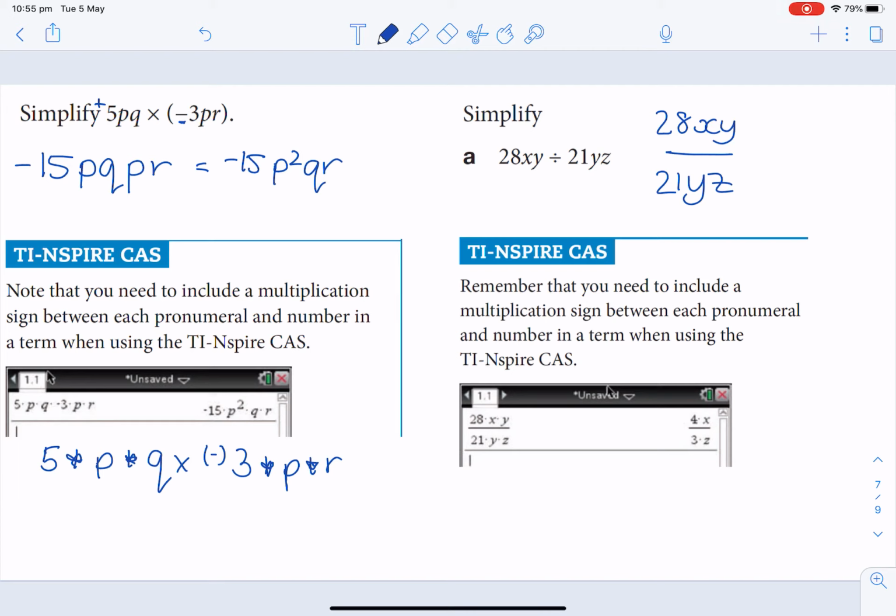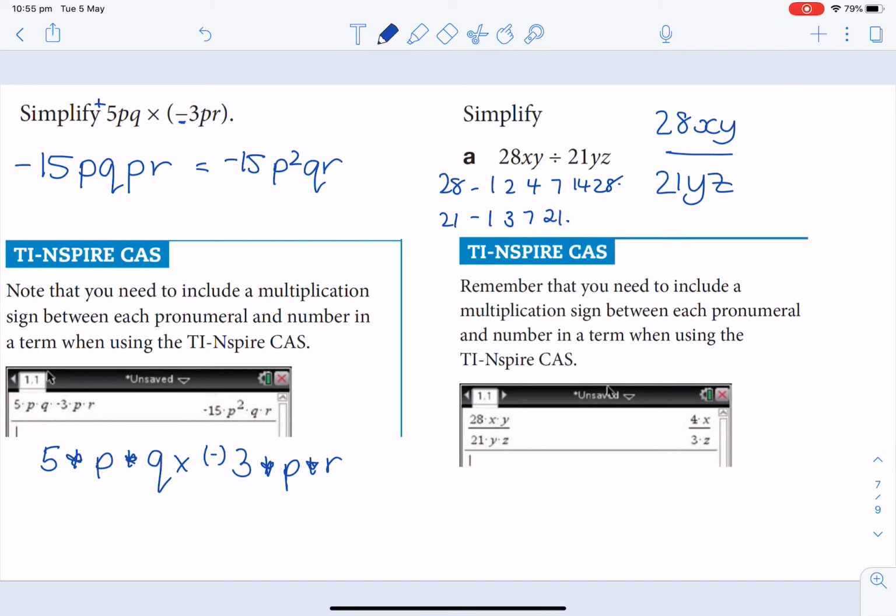Now, thinking about the factors of 28. The factors of 28 I've got are 1, 2, 4, 7, 14 and 28. So what numbers go into 28? Then my factors of 21 are 1, 3, 7 and 21.